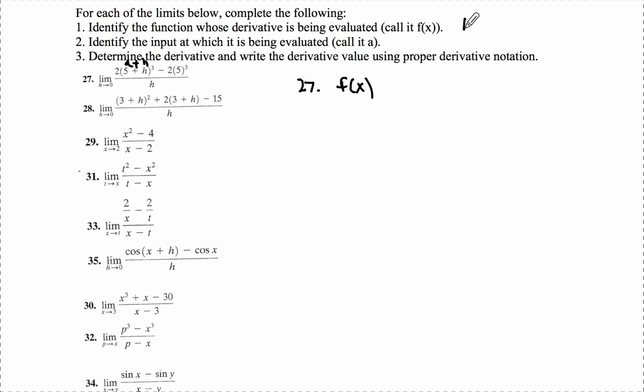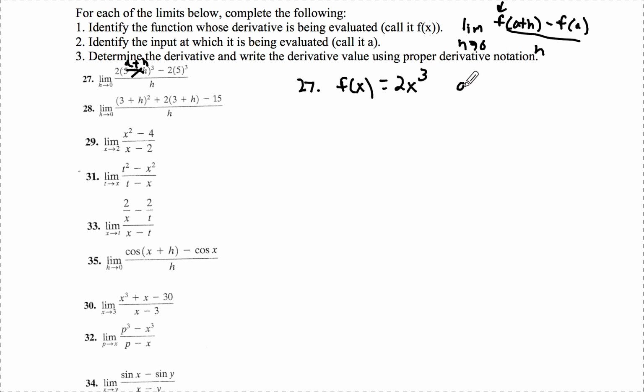If I compare it to my a plus h limit definition, my function is going to live right there and have a plus h on the inside. So if I look over here, I have 2 times a plus h. I think of this as my x value. 2 plus something cubed. So my function then is 2x cubed. And we can see that over here too, 2 something cubed.